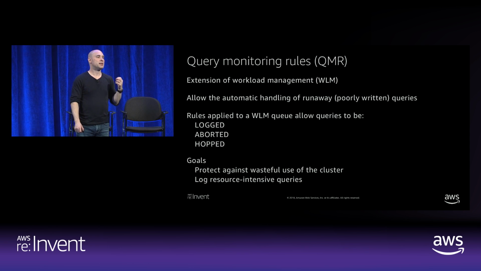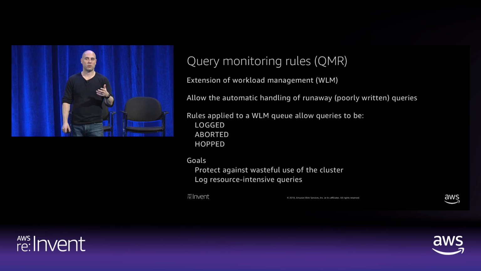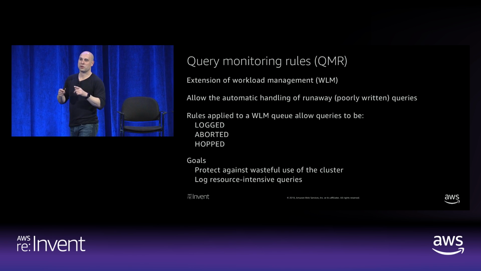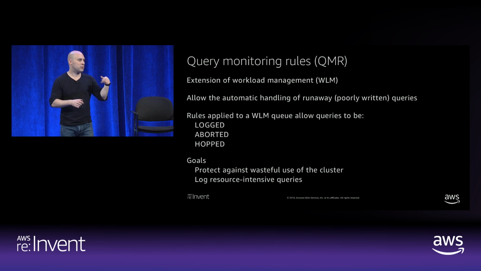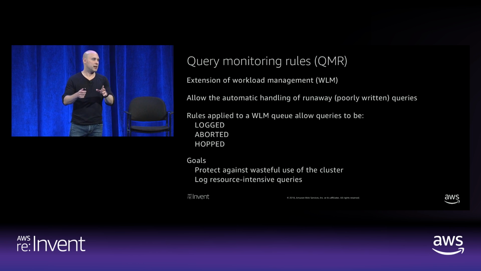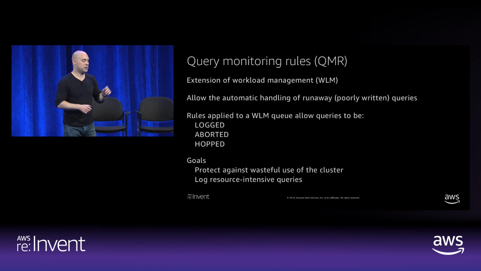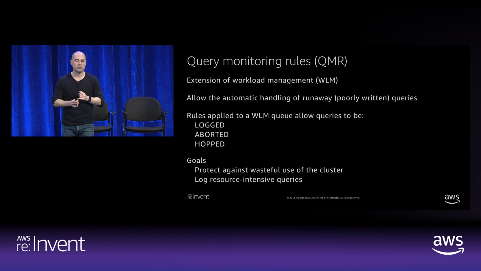So you can programmatically set up a set of rules to detect, say, like a Cartesian product, or to detect if someone decides it's a good idea to return 100 million records. And so you can have Redshift kill that query rather than it consuming a ton of resources, you getting paged or whatever and having to log in and find out who's doing what and kill someone's query. So it was really meant to programmatically take care of that.